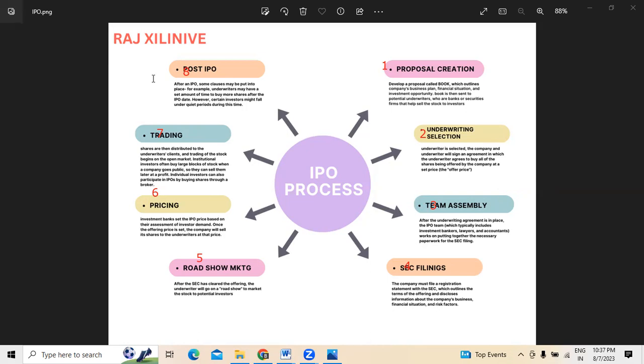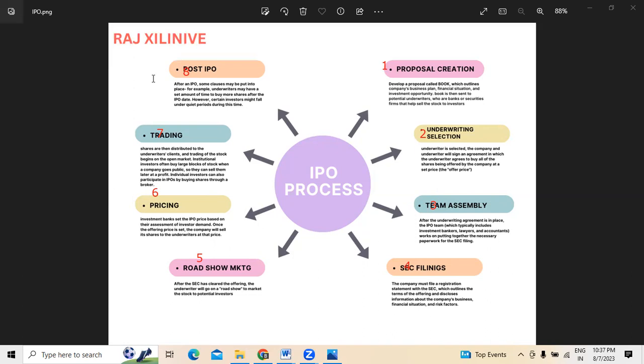apply for an IPO. Whenever they have applied for an IPO, people who are interested in that IPO can apply. You cannot directly buy shares in an IPO because an allotment happens. For that, we have to apply.